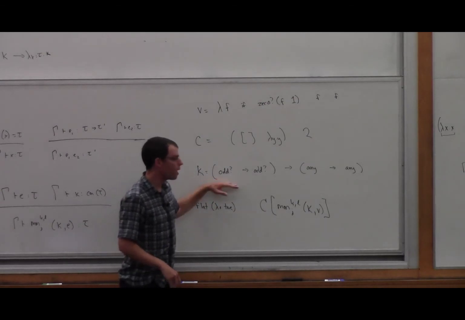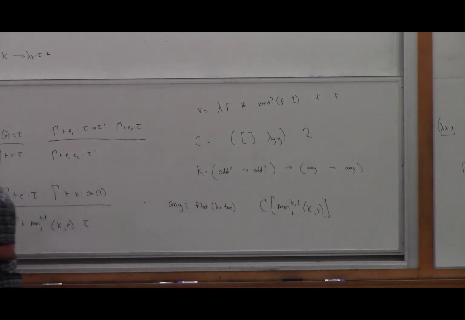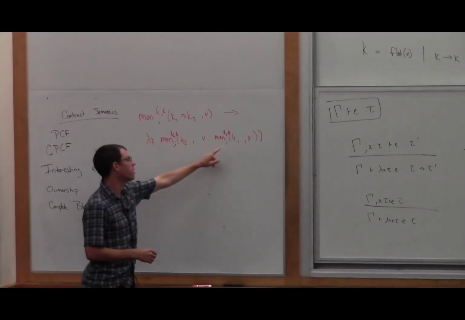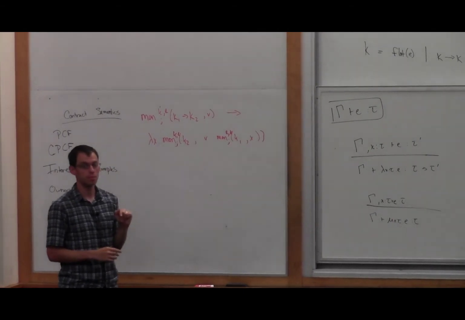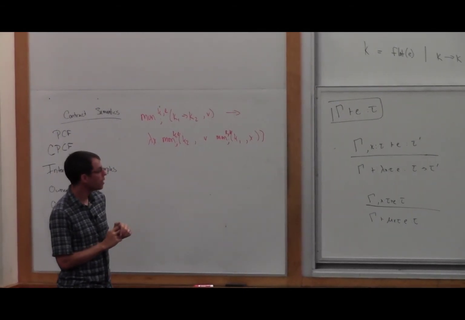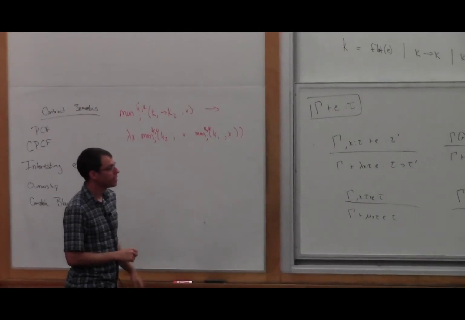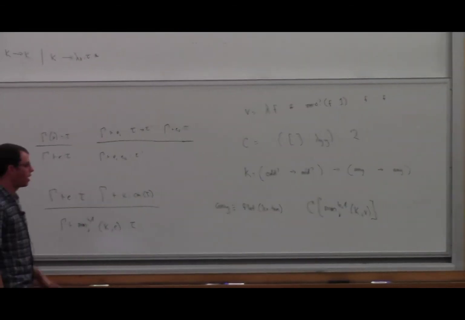So that means we're going to use our function contract reduction rule. We're going to decompose k into k1 and k2. K1 is odd, arrow odd.